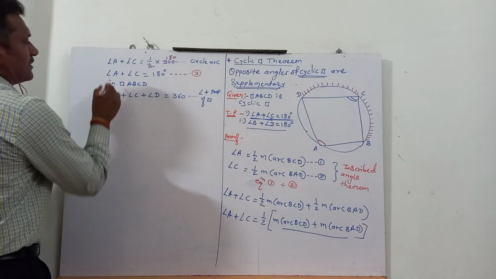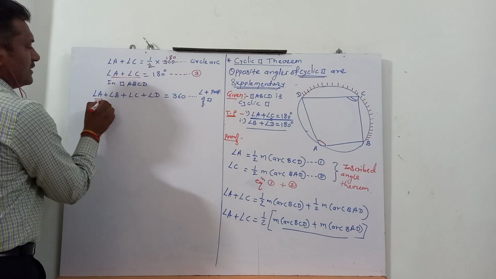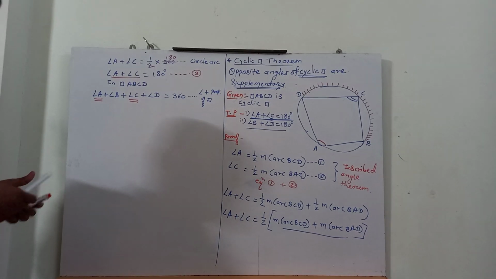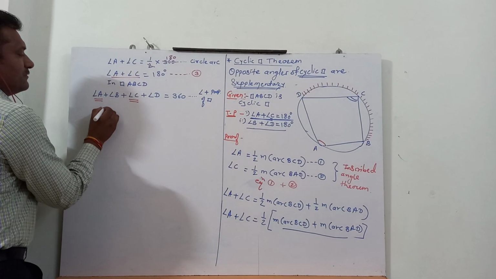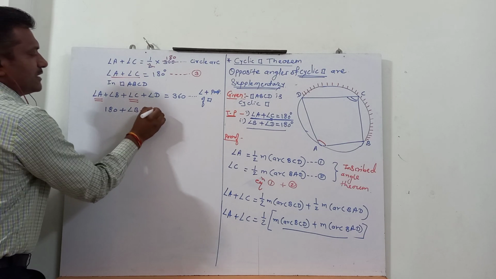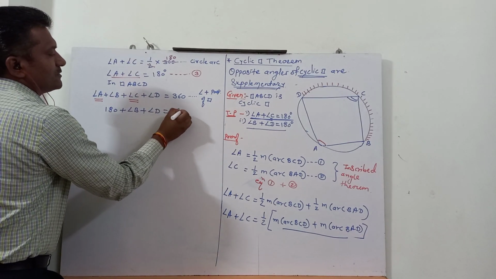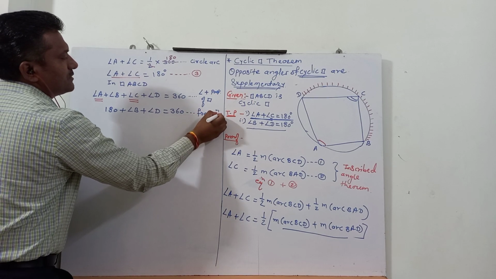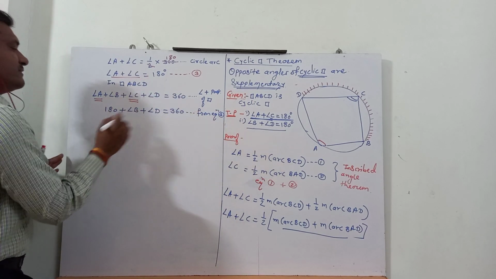This is your equation number, suppose, 3. Angle A plus angle C is how much? 180 degrees. Therefore we substitute 180 plus angle B plus angle D equals 360 from equation 3, and now shift it.